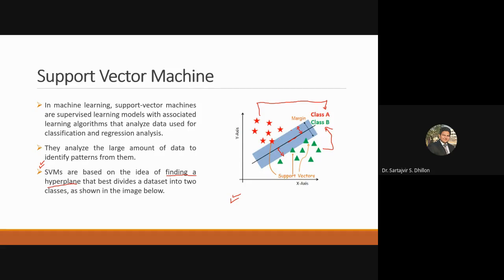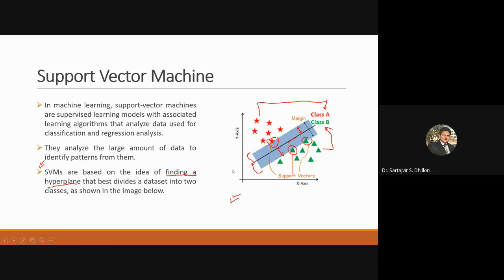These kinds of samples are generally referred to as support vectors. So these three are the support vectors used to generate the hyperplane. This area is generally referred to as a hyperplane.